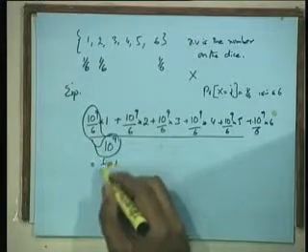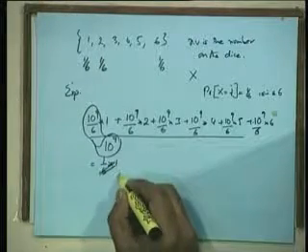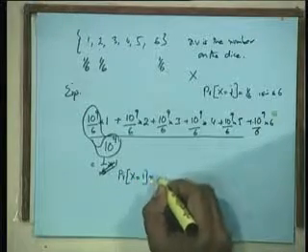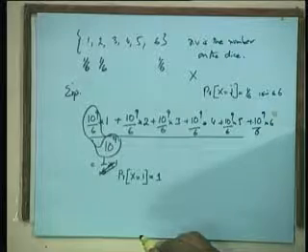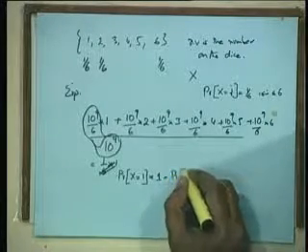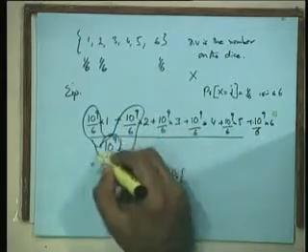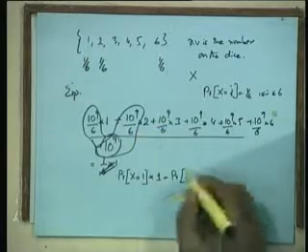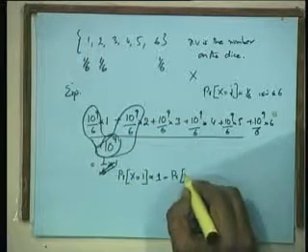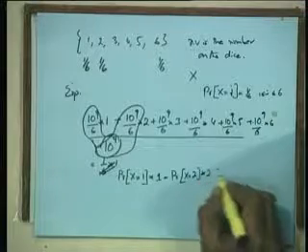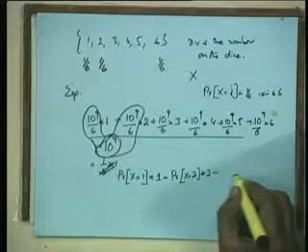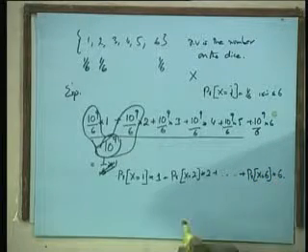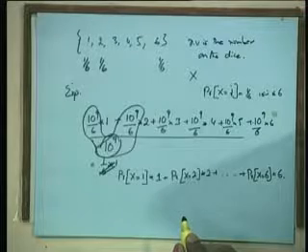So this is 1 by 6, or I could even have written it as: probability the random variable takes the value 1, times this 1, which is the value of the random variable, plus probability X equals 2 times 2, and so on, up to probability X equals 6 times 6.